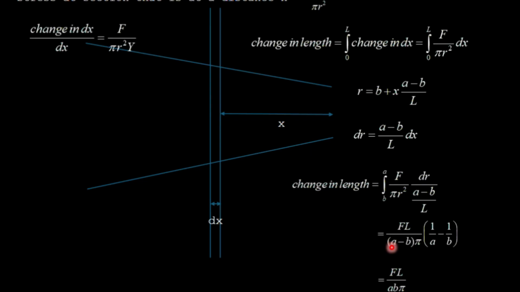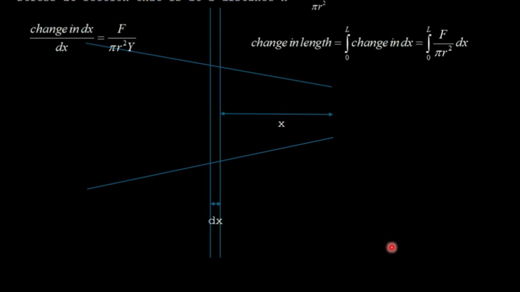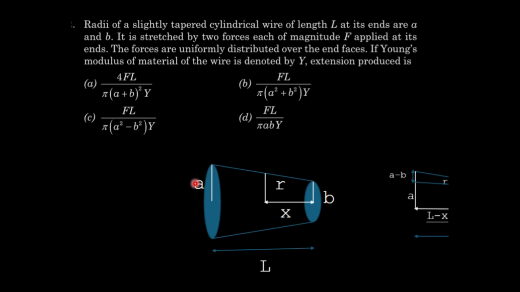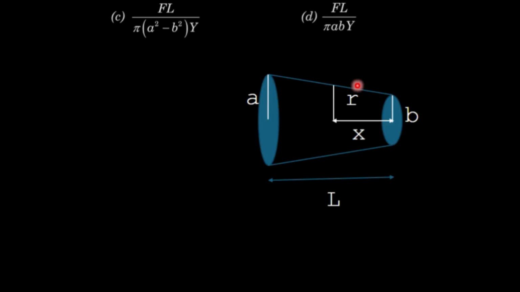What else could we have done, since it is an objective question? We can rule out the three incorrect options. If you see the options here, suppose it is a regular wire of uniform cross-sectional area, having the same area throughout, so that A and B are the same.